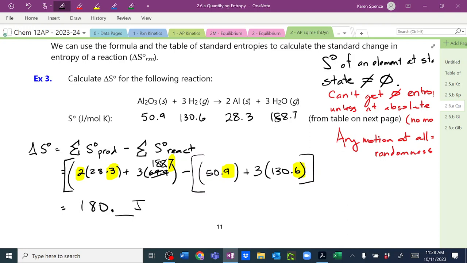Okay, obviously I'm doing something wrong because I got 153.7. And I forgot to put my units out here. Okay, I'm gonna try it again. 28.3 plus 3 times 188.7 equals minus 50.9 minus 3 times 130.6 equals.